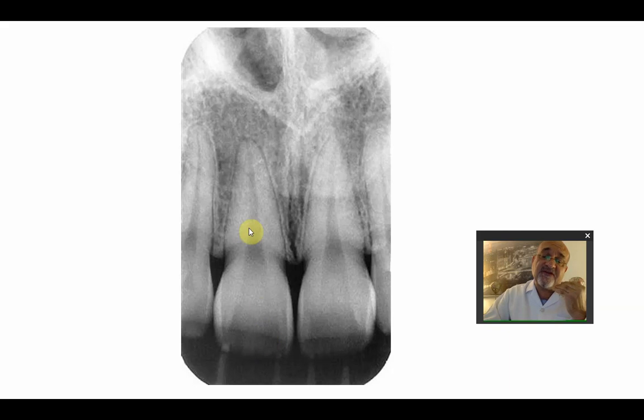Here we cannot differentiate it. Anyways, this area at the cervical portion of the tooth has no enamel because this is the dentino-enamel junction over here. This is the enamel. Okay, all this is enamel. So this area has no enamel, it has only dentine and cementum, right?